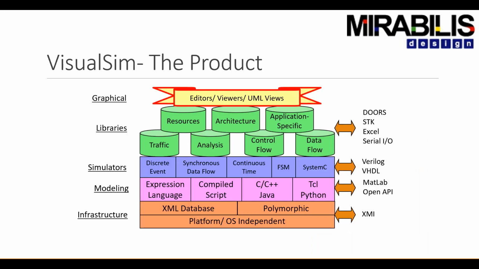The VisualSim architecture looks like this, and the key aspect of VisualSim are the libraries that we provide. So we have a large set of these predefined libraries that you drag and drop and assemble up a system. We provide you a scripting language where you can very quickly construct the arbitration or logic or some sort of an expression sequence that you can execute as part of your code, either as part of your behavior or as part of, say, a state machine.